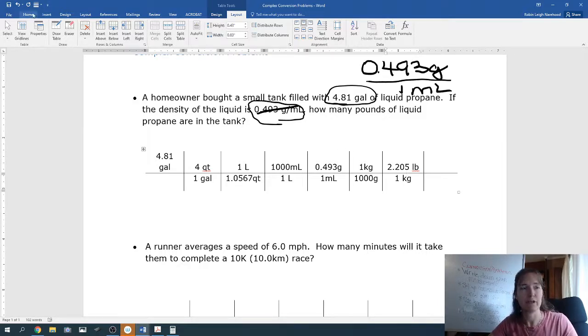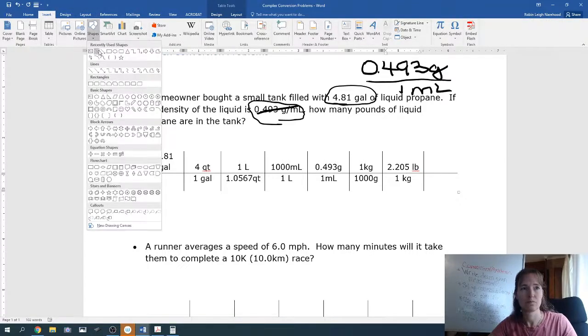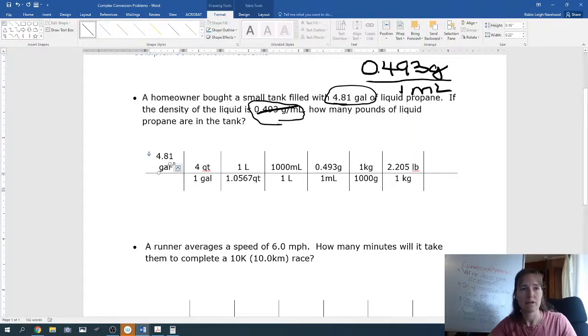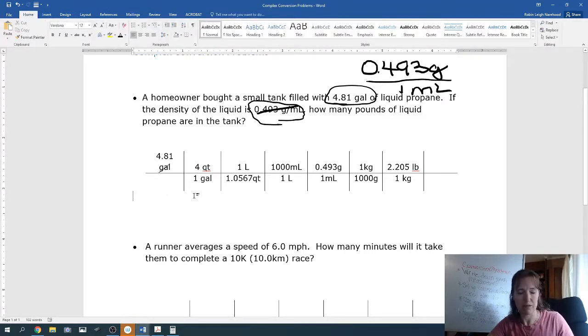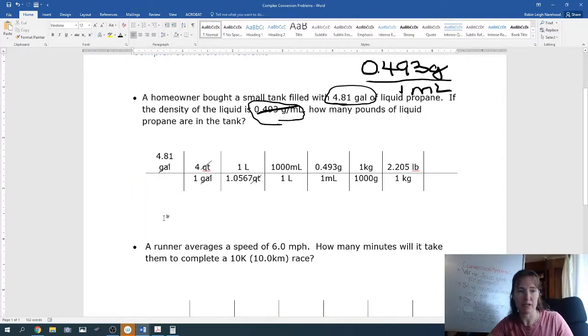So if we go through and we cancel, then we can cancel gallons because we have it on top and bottom. And we have quarts on top and bottom, so we can cancel it. And we have liters on top and bottom, so it will cancel.